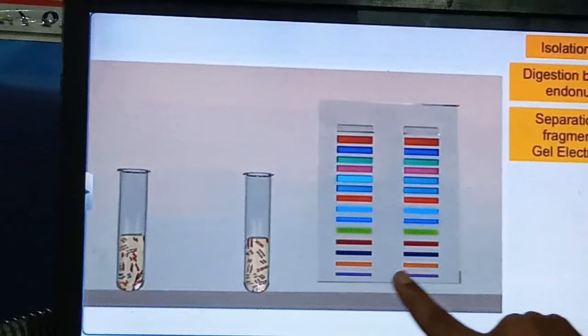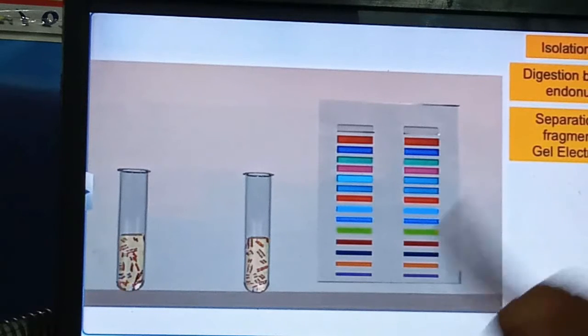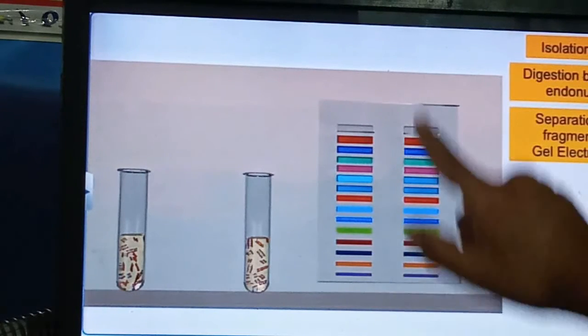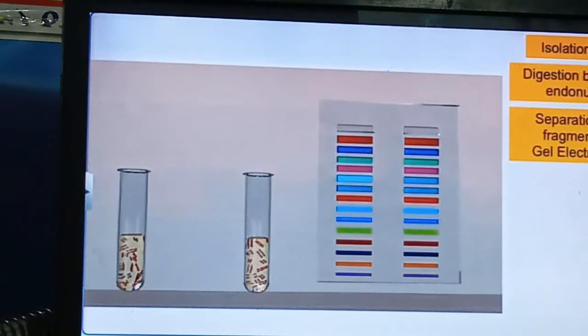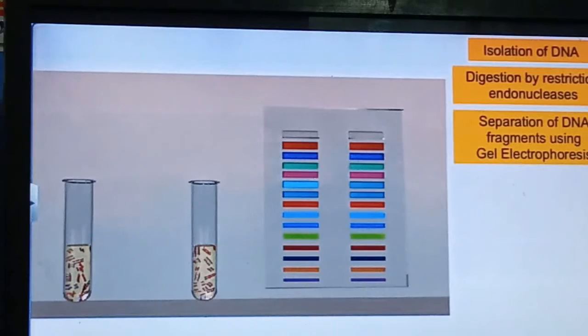Another thing is that this gel sheet is made up of agar medium, right? So this agar makes the gel sheet like a sieve. All of you know what is meant by a sieve? Yes, the one we use at home in the kitchen to clean the flour, right?